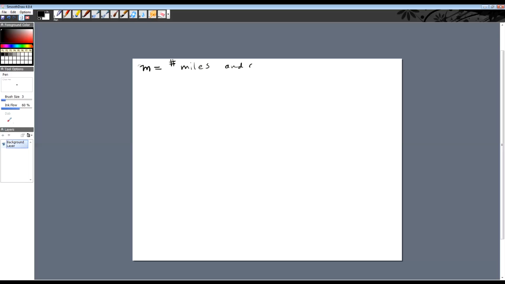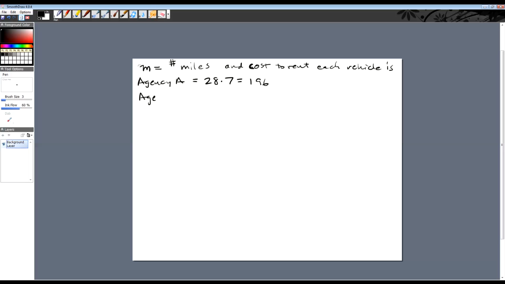And cost, that's not a G, that's a C. Cost to rent each vehicle from Agency A is 28 times 7. It's $28 a day times 7 days for a week, or 196.